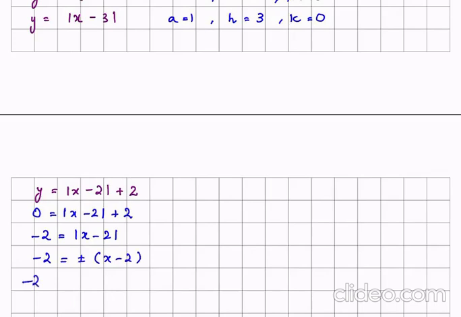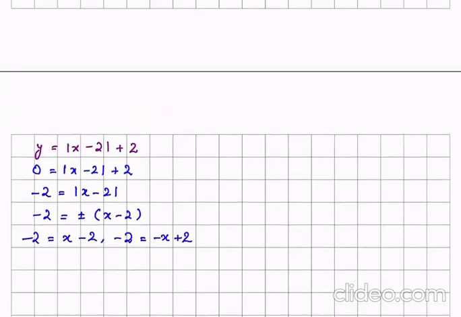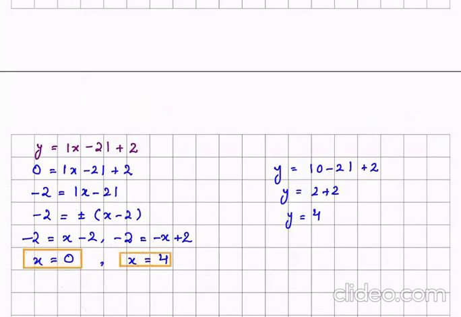So this should be -2 equals x minus 2, and -2 equals minus x plus 2. So this would become x equals 0, and this will become x equals 4, so this is the x-intercept. For the y-intercept, I should put x equals 0. So this should be plus 2 and plus 2. So y should be equal to 4. In that way, we will get the x-intercept and y-intercept of the modulus graph.